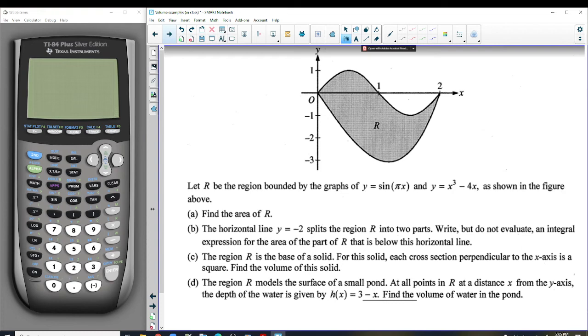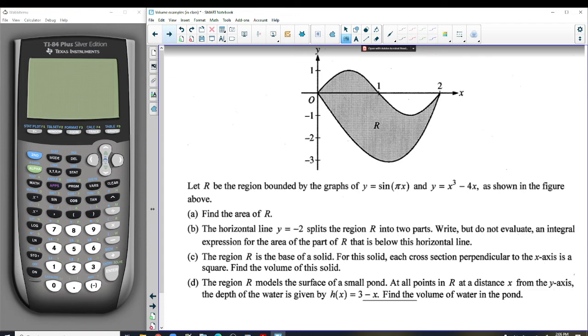I think it's just this. This is right, but do not evaluate it. It's a real expression. Oh wait, I also need to put y equals negative 2.